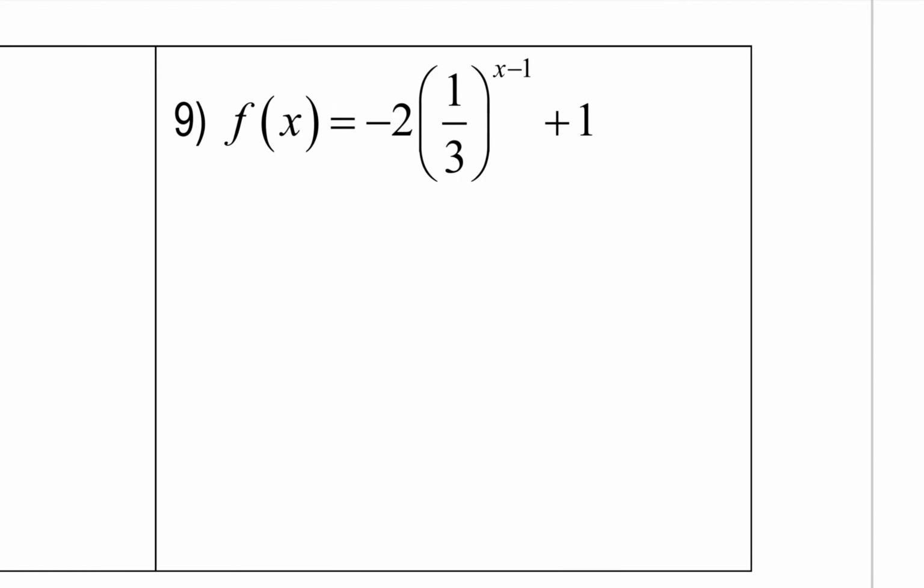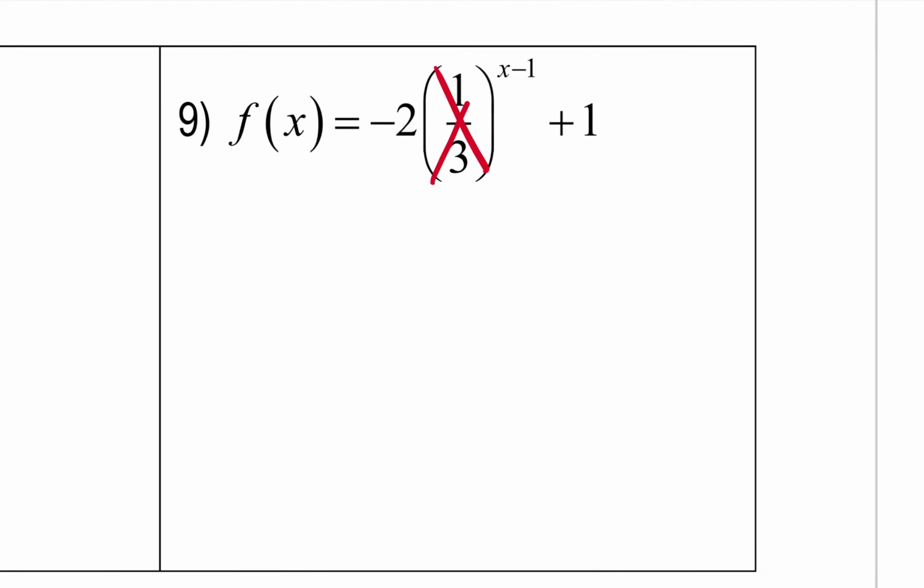All right, last one. Again, get rid of my b, I don't need it. Now look, I have a negative, I have a 2, I have a minus 1, and a plus 1. Now, please don't get confused. The negative 2 is not a negative a. It's not a by itself, so I wouldn't say negative 2 is less than 1. That's not true. The negative is separate from the 2 when it comes to transformations.